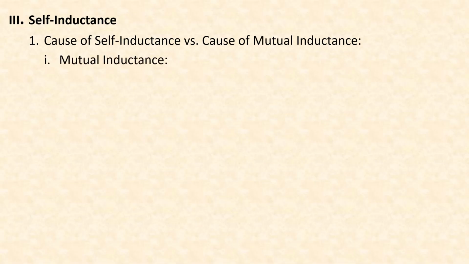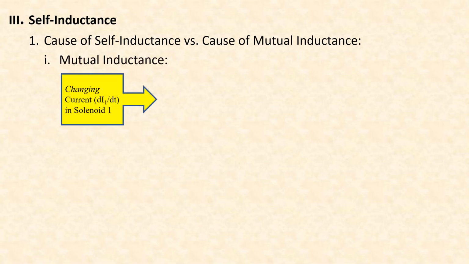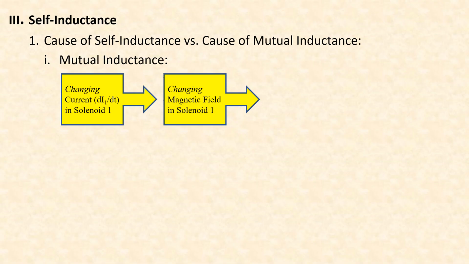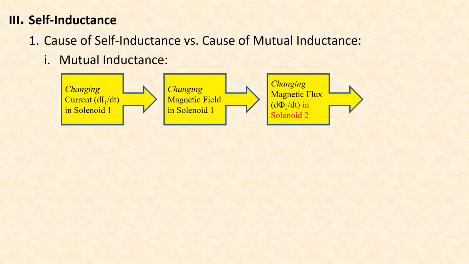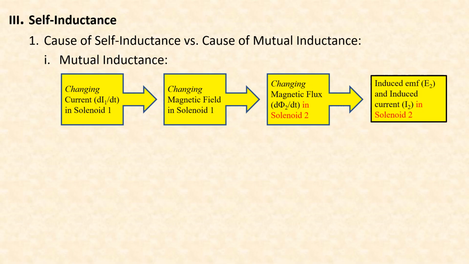So reviewing what we said previously about the cause of mutual inductance, we said that given two coils, if we have a changing current in our powered coil or solenoid, this has the effect of producing a changing magnetic field in the powered coil or solenoid, which when linked to a different solenoid or coil, a non-powered one, will produce a changing magnetic flux in that other solenoid, which according to Faraday's law of induction will then induce an EMF and induce a current in that non-powered coil or solenoid.